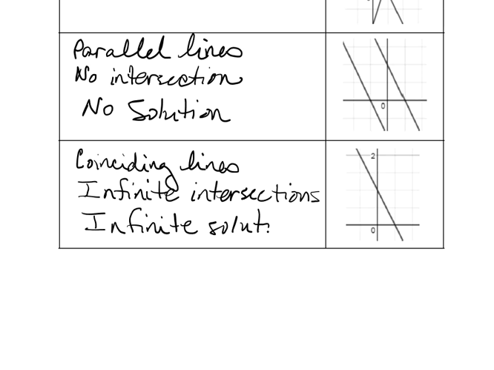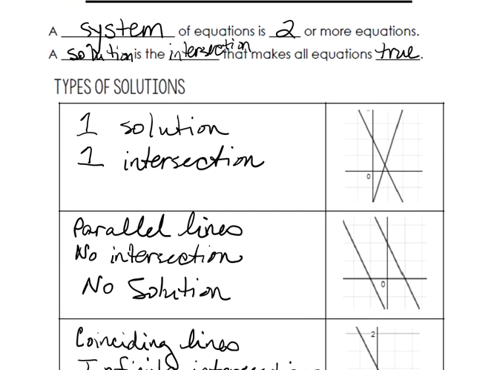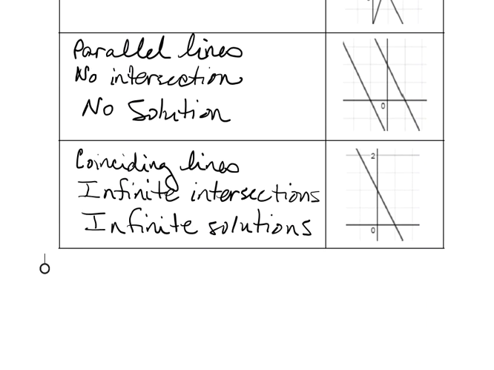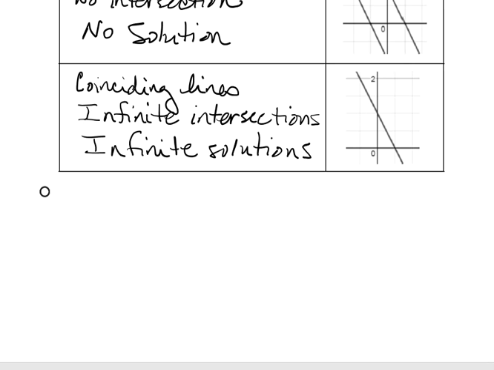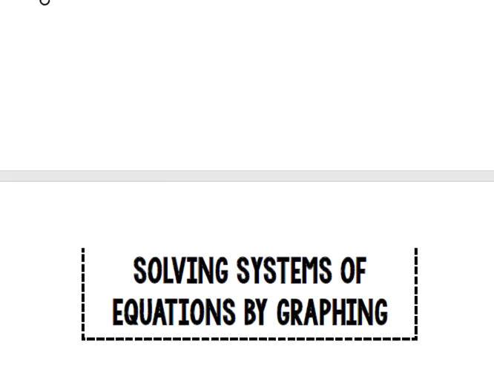So we're going to solve one of these three. Now I'm just going to show an example of one, and if they cross once, then right where they cross is your answer. If they don't cross at all, it's no solution, and if they look like there's one equation, you'll just write infinite solutions for your answer.